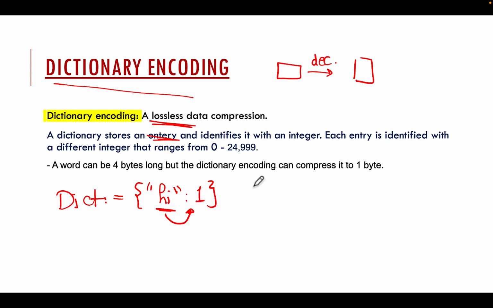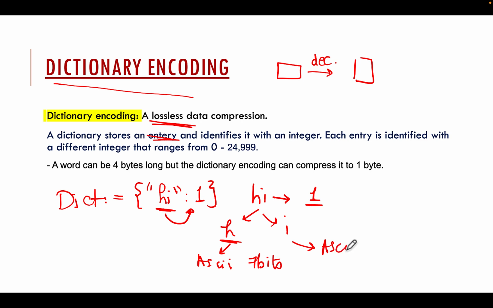Every time I write high in a text file, once the text file is compressed, it will give the value 1. And that will save a lot of space since high consists of H and I. H in the ASCII table takes 7 bits, and I in the ASCII table takes 7 bits as well.